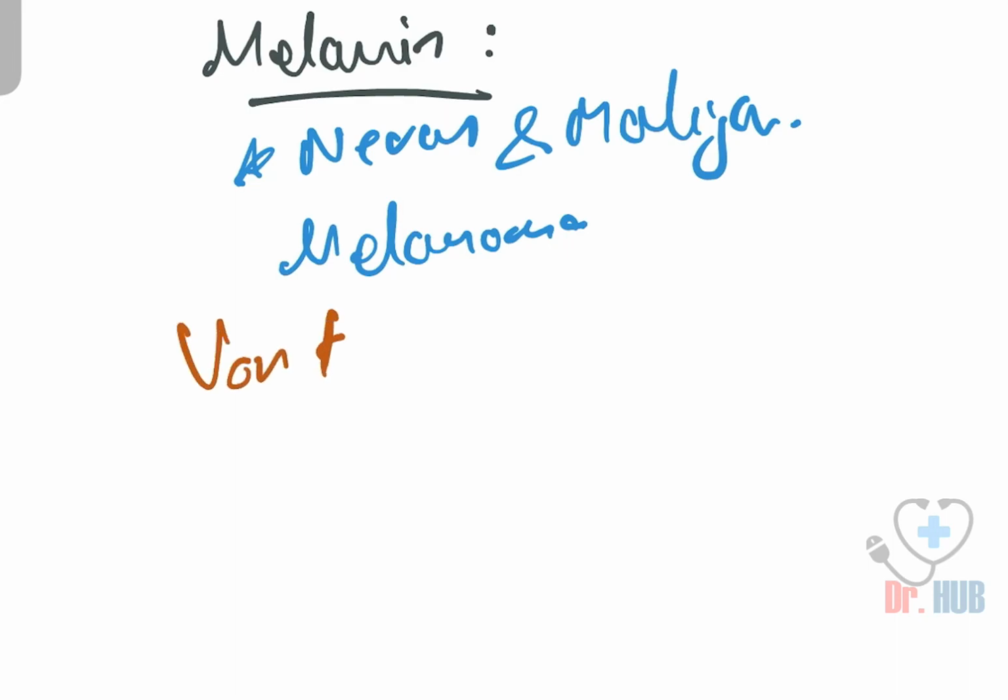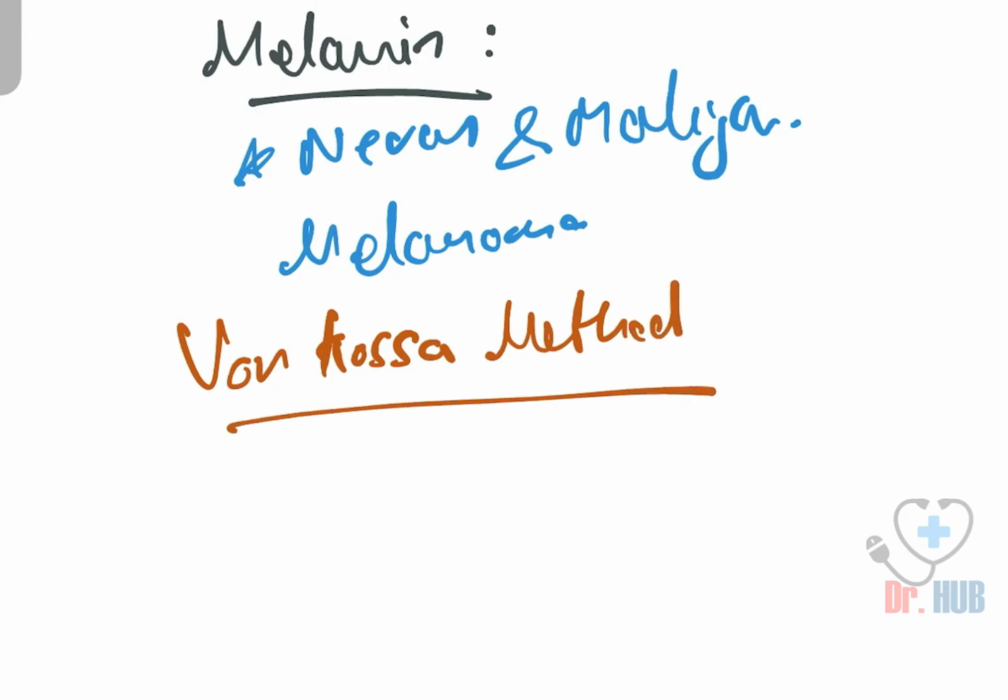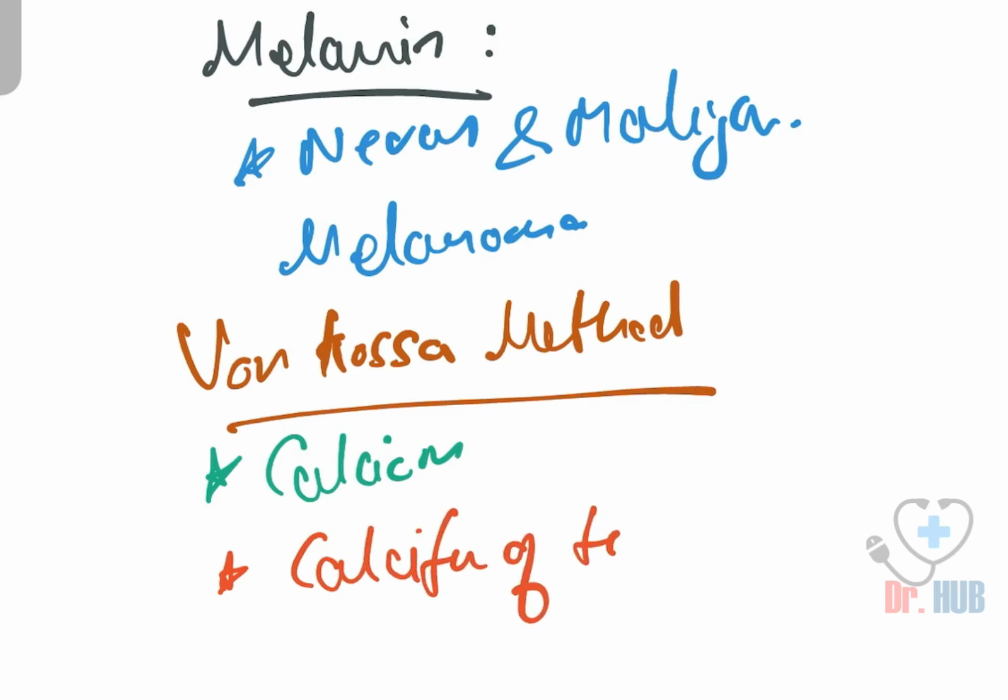Next, we look at the von Kossa method. In this method, it is used to demonstrate calcium. And what about the disorders? It is used in case of calcification of the tissue.